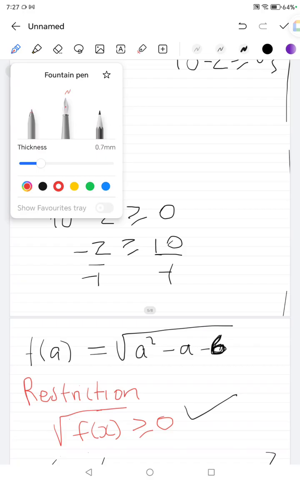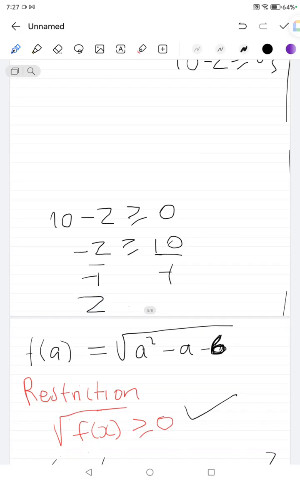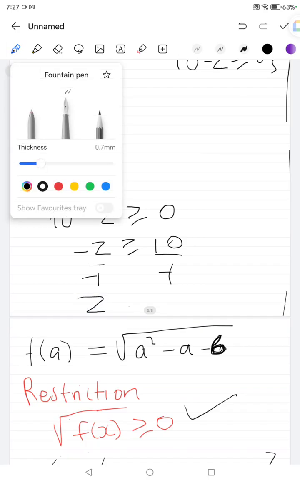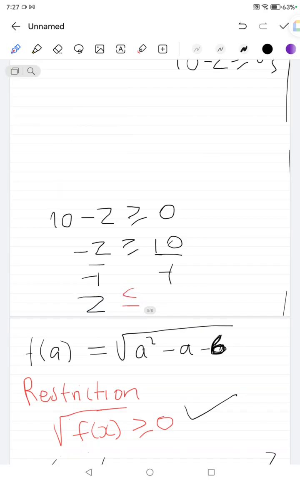Remember, this side we have this, so it means now we're going to say we have our z as less than or equals to 10.